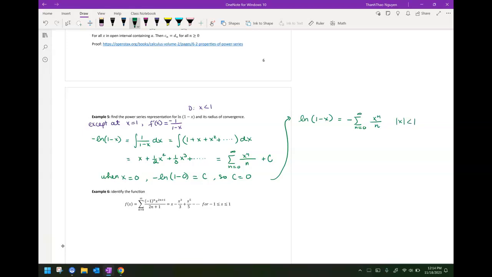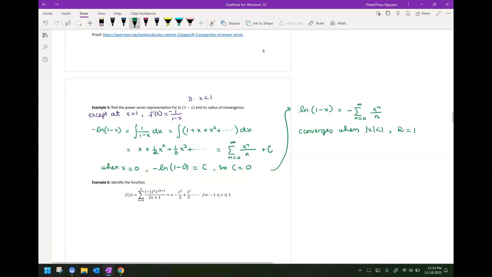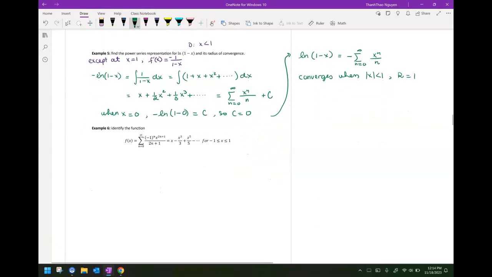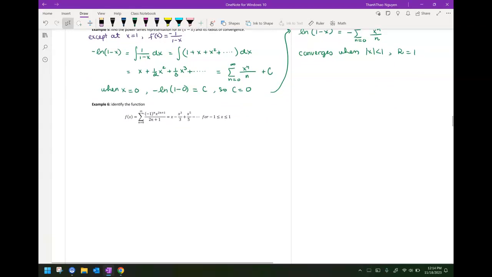And here we have the convergence. So this converges when the absolute value of x is less than 1, and it has the radius r equal to 1.